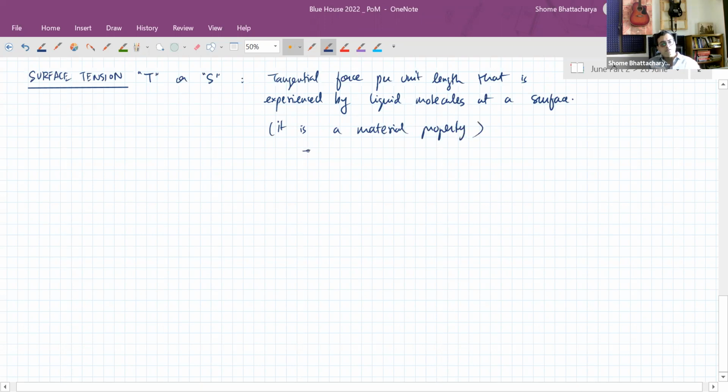It is measured in newtons per meter. A more practical unit is millinewtons per meter.